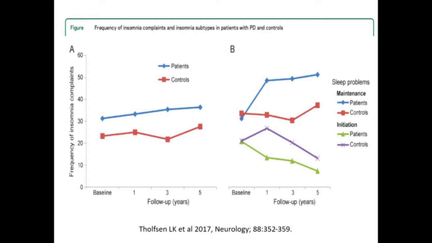But when you looked at the type of insomnia complaint, which is on the B figure, you see that maintenance insomnia, or waking up during the night, became much more frequent in Parkinson's disease over time compared to those without Parkinson's. And difficulty initiating sleep, or sleep latencies, actually went down over time. So what this really shows is that most of the insomnia complaints in people with Parkinson's is waking up during the night and not being able to fall back to sleep.